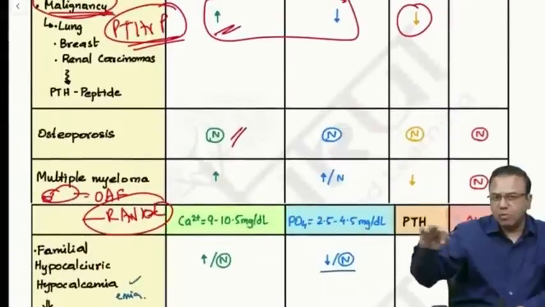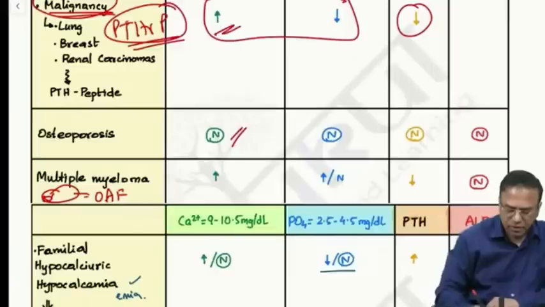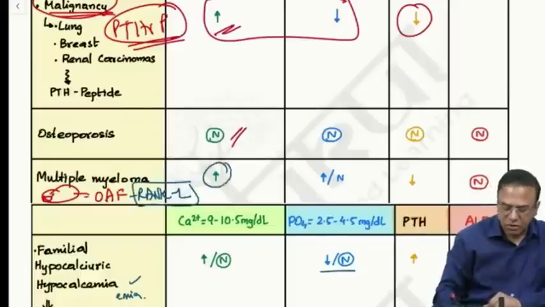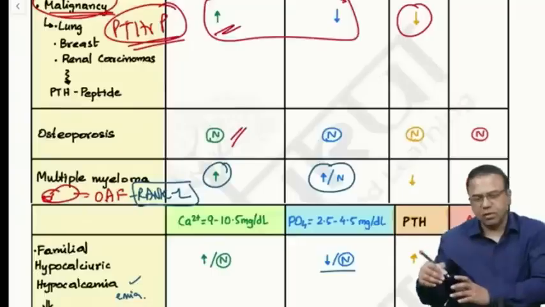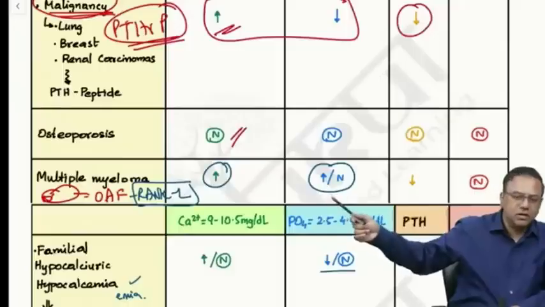In multiple myeloma, it's not parathormone related peptide. There are RANK ligands that are produced, and they are the problem. They will break the bone, they activate the osteoclast. So as the bone is broken, calcium and phosphate will spill out. Initially they will spill over into the urine, but eventually they'll start increasing in the blood.